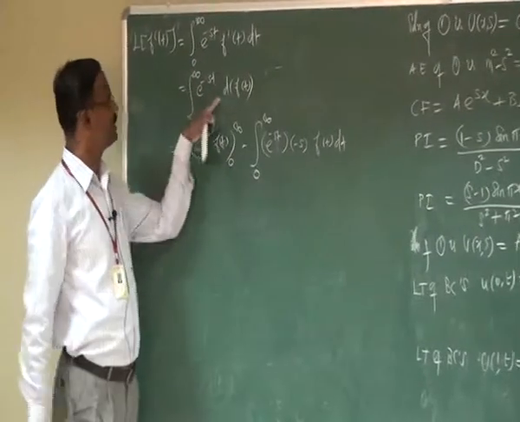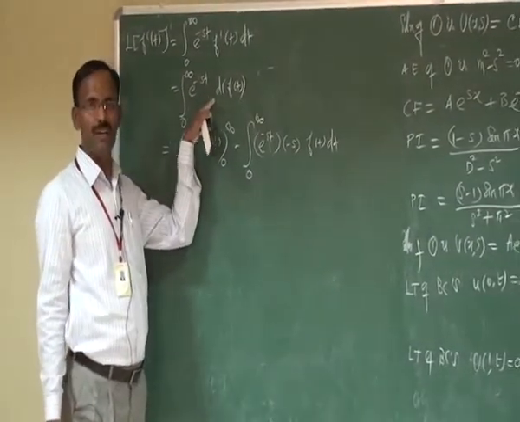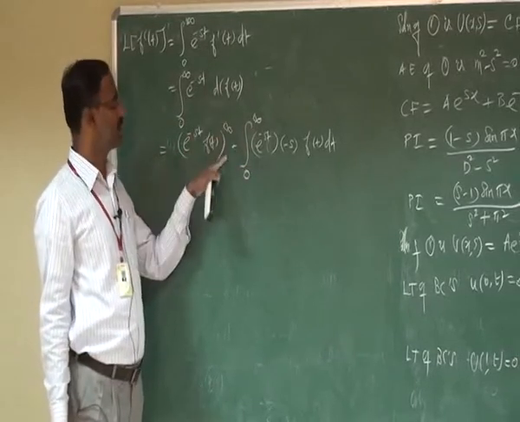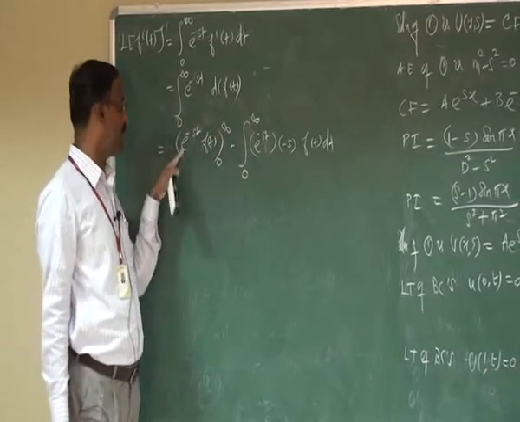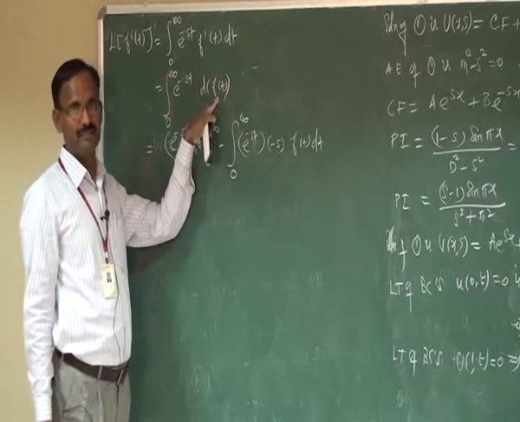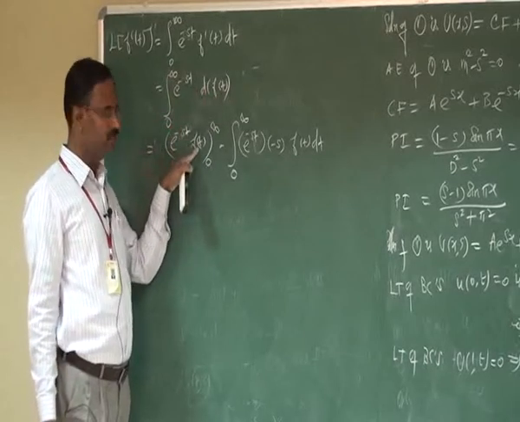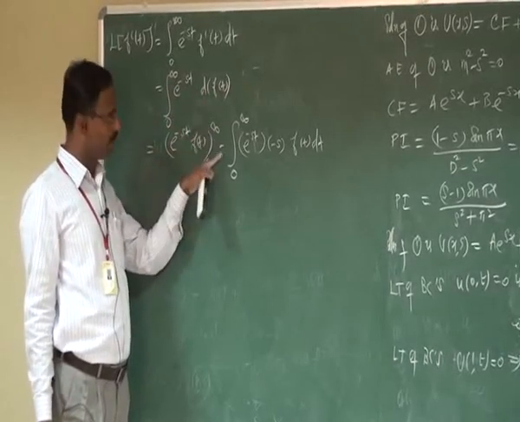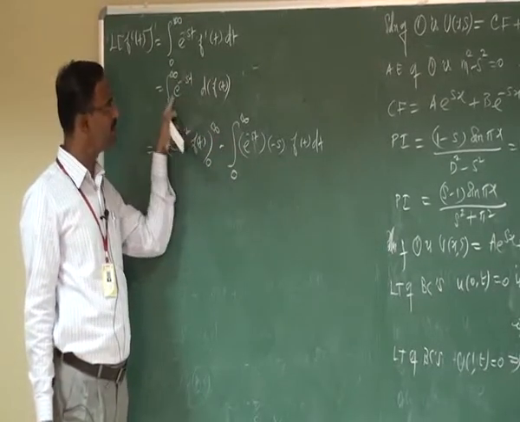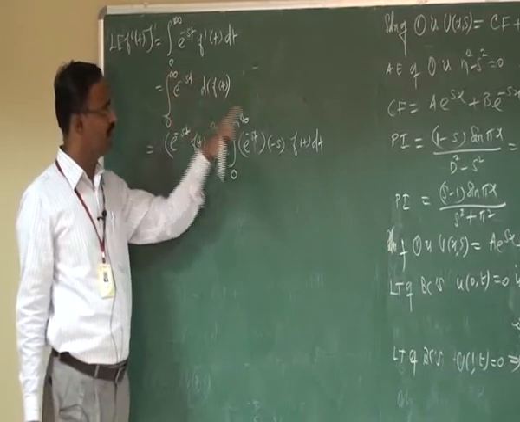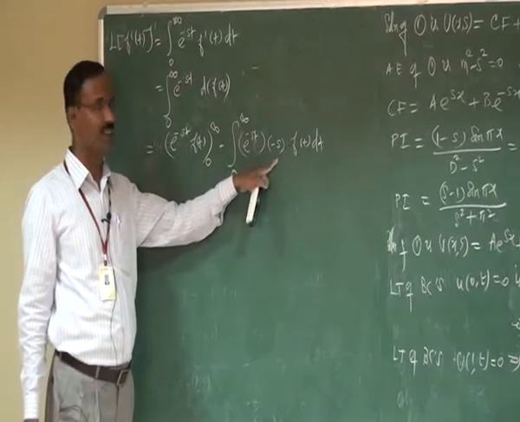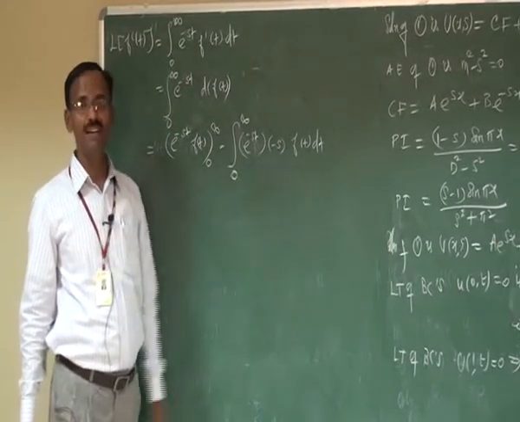As you know, integral u dv equals uv minus integral v du, the by parts formula. Based on it, here e power minus st is u, and f of t dt is our v. Therefore, it is uv from 0 to infinity, minus integral 0 to infinity of the differentiation of e power minus st with respect to t, which is minus s, into f of t dt.